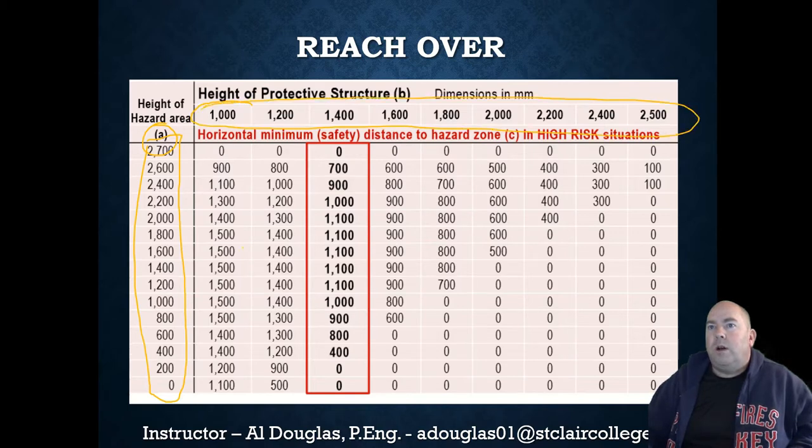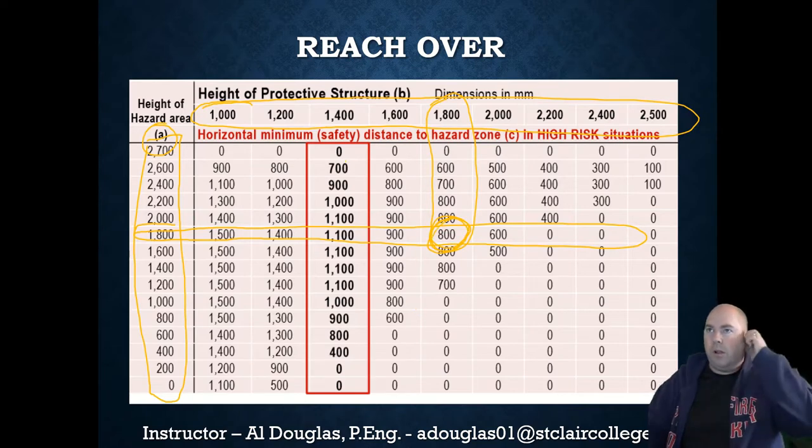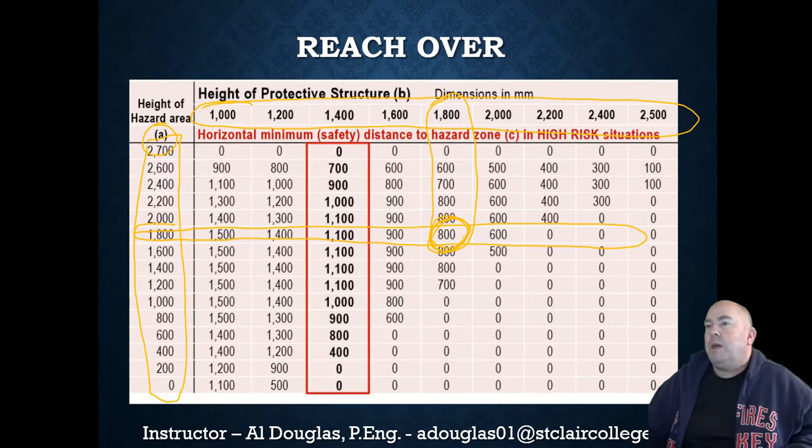Then you can cross two values here and find a value that says this is what your minimum safe distance from the hazard must be.